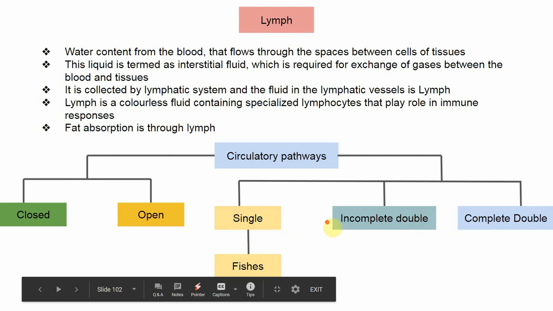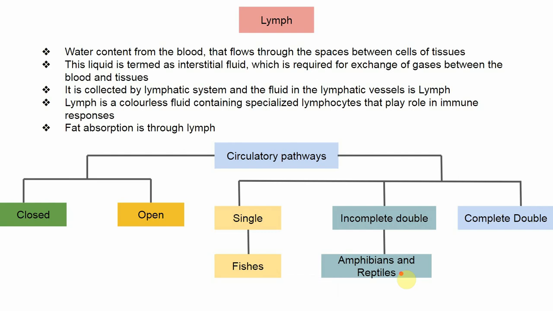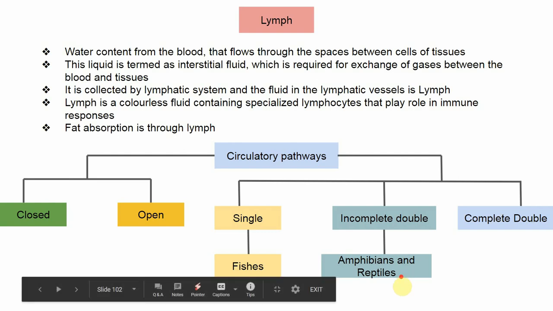But in the case of incomplete double circulatory pathway, it is seen in the case of amphibians and reptilians, because you find that the heart in the case of amphibians and reptiles is mainly three-chambered, that is two auricles and one ventricle. So the right auricle is mainly involved in receiving the deoxygenated blood, whereas the left auricle is mainly involved in receiving the oxygenated blood.